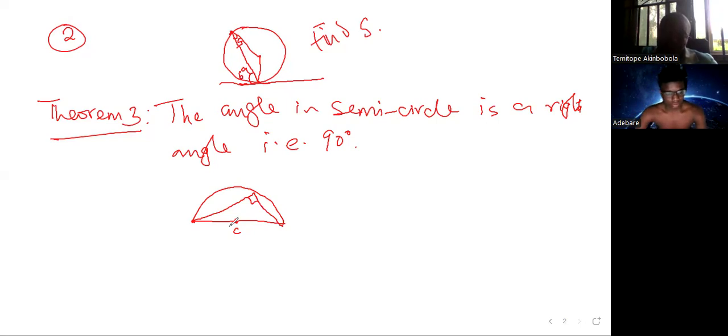So if you look at it, it's like you have a triangle curved out in a semicircle. Do you understand that now? So this line is a chord. This other line is also a chord. So the meeting point of the two chords is what is forming the 90 degrees. So let's do an example.